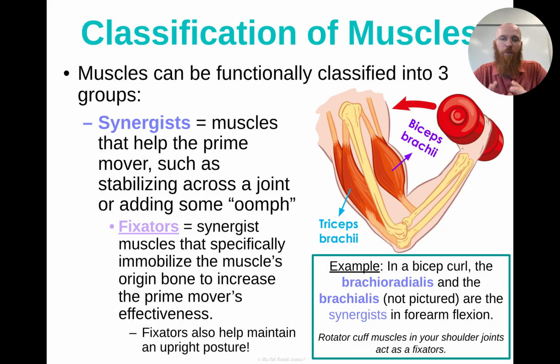So synergist muscles specifically immobilize a muscle's origin to increase the primary mover's effectiveness at the insertion. That's what a fixator is. It basically fixates your origin in place so that your insertion points can do all of the work. They also help to maintain upright posture as well. So we had our prime movers, our antagonists, and our synergists as those top three classifications of muscles.